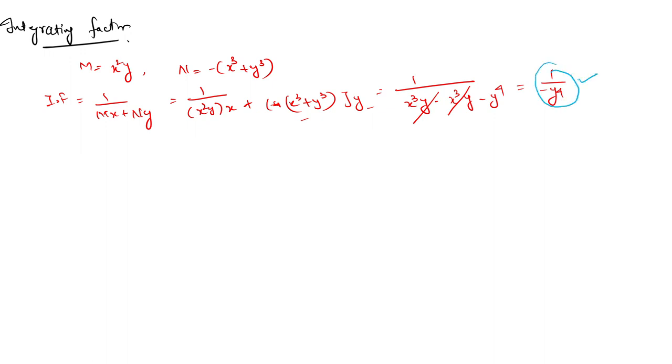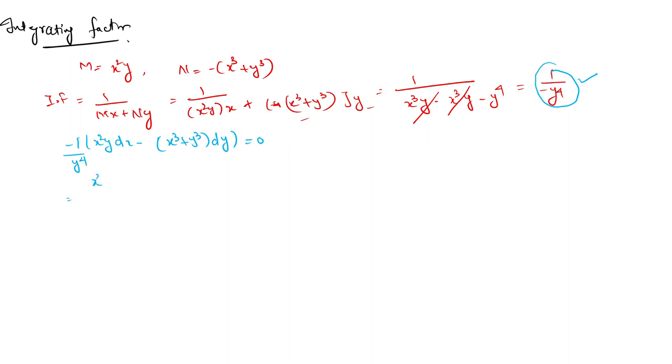Now what do we have to do? We will multiply this integrating factor with our equation. Our equation is x²y dx minus x³ plus y³ dy equal to 0. It is multiplied with minus 1 over y⁴.